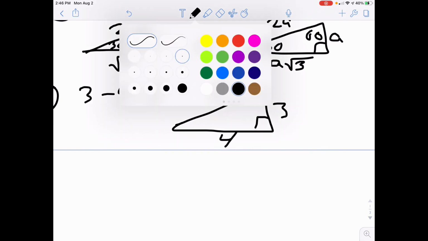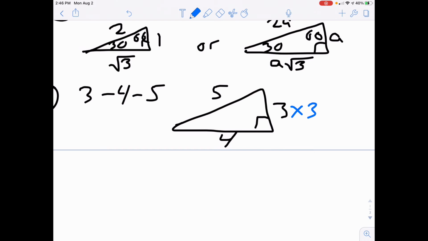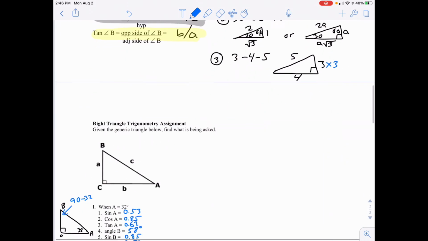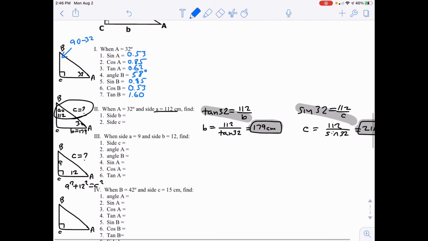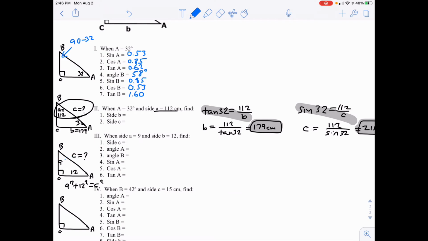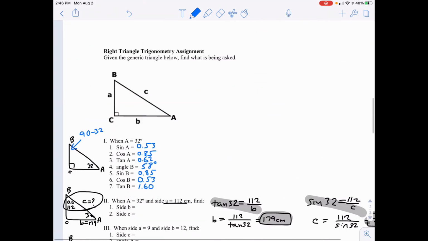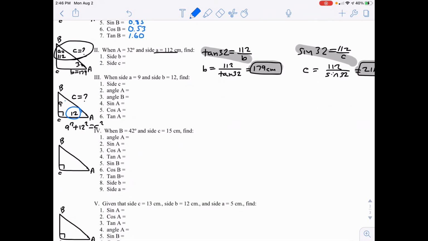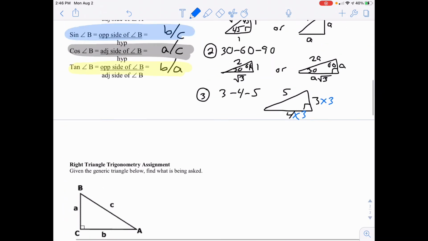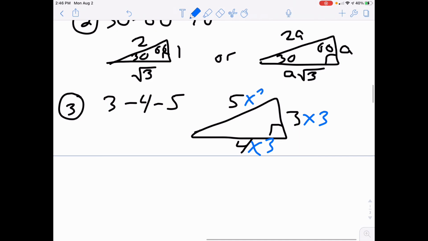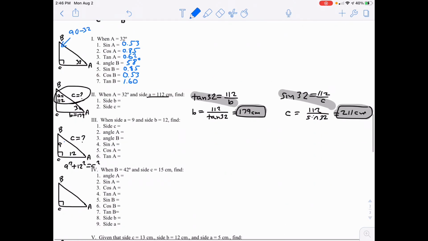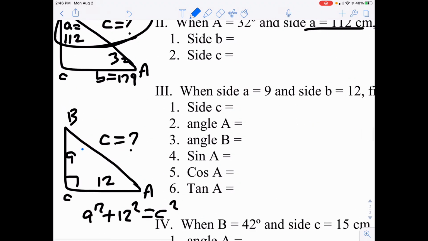Watch. 3 times 3 is 9. 4 times 3 is 12. So if we use the same logic, that means 5 times 3 must be the hypotenuse, or 15.